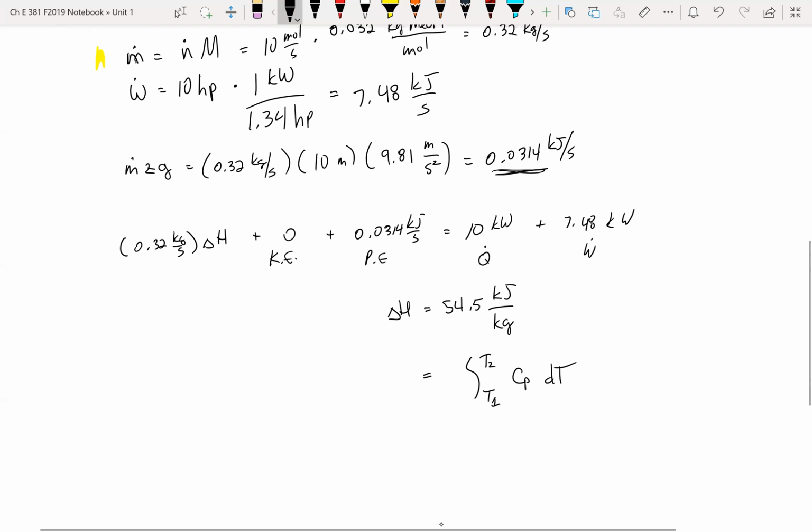So for ideal gases and for liquids, it's basically a function of temperature only, unless you're talking about really, really ridiculous pressure changes. Liquids are nearly incompressible.